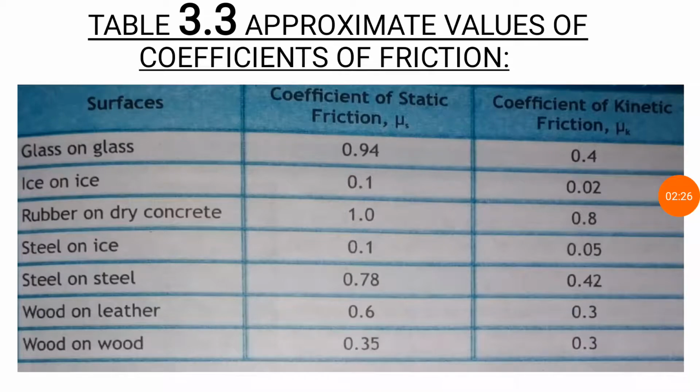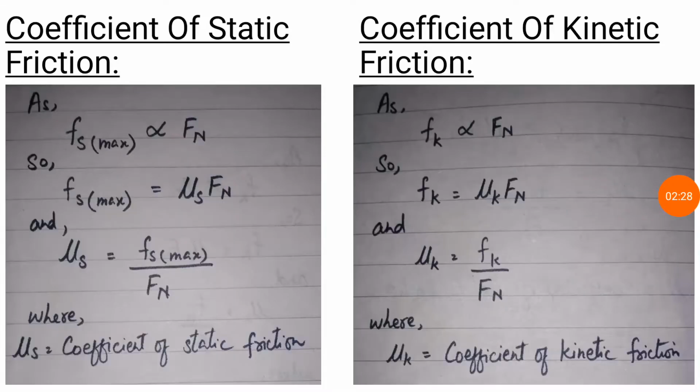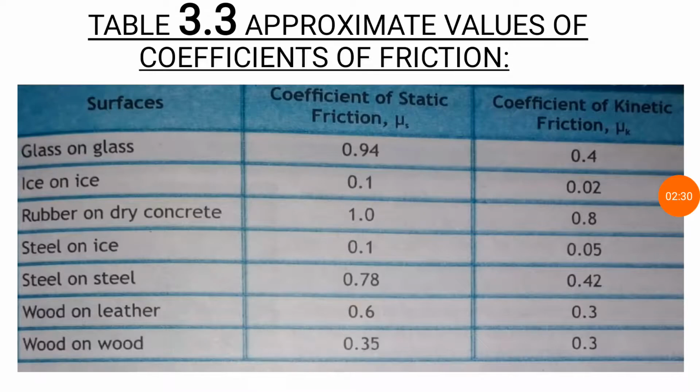Now the coefficient of friction is constant for a given pair of surfaces. For a different pair, it has a different value. Values for friction of some pairs of surfaces, both static friction and kinetic friction. Now in this table you can easily see different surfaces which have different coefficients of static friction and different coefficients of kinetic friction. Clear?